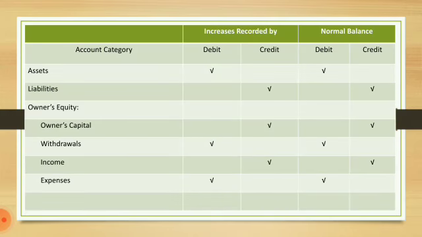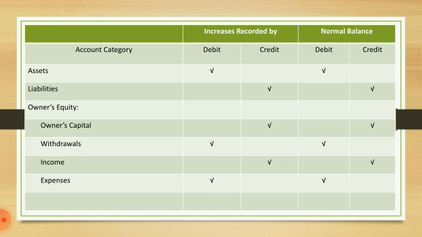So let's begin. In order for you to analyze the business transactions better, it is important to know these things: the normal balance of an account and where the increases are recorded.